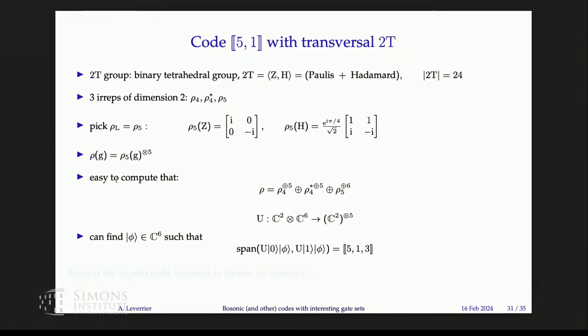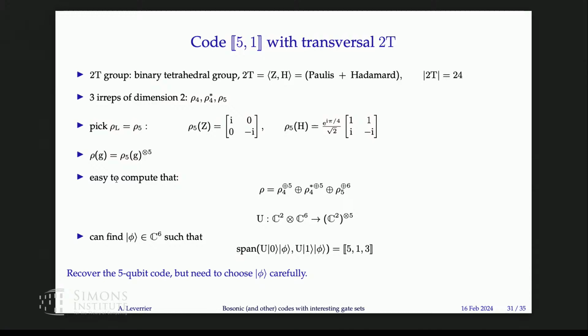There's a choice, you can find it, where you recover the 5-1-3 code. So it exists, but for the moment it's not as clean as in the bosonic case. In the bosonic case, the choice that you made for phi was really the obvious thing, and you would get the best code that people know. Here it's not so clear how to get phi, so you need to choose it carefully.